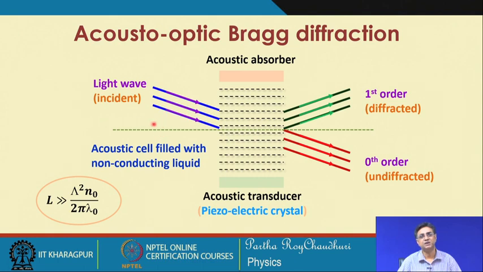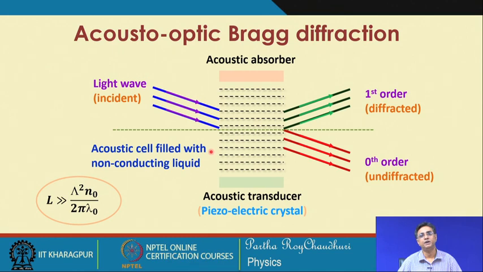So, in that case we can approximate that the electric field is now not depending on the z, but it is depending on x only. So, that is the approximation. And the other situation is that if the electric field is very close to this direction, that is it is incident like this, that is this angle is very small.